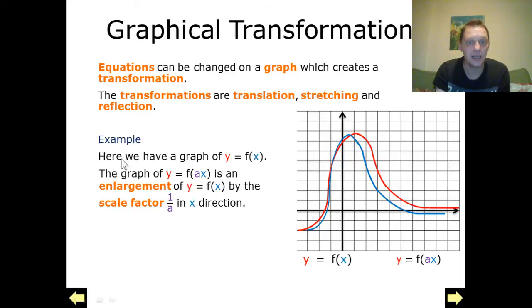As opposed to if we've got our scale factor next to the x, so we're looking at the function of ax this time, we are creating a stretch or enlargement, but this time we are stretching horizontally. And this is by a scale factor of 1 over a in the x direction.